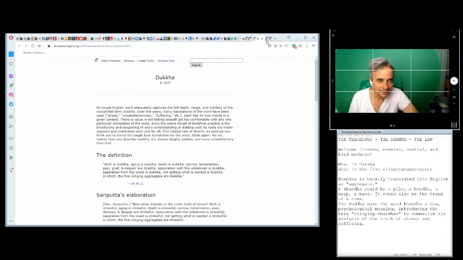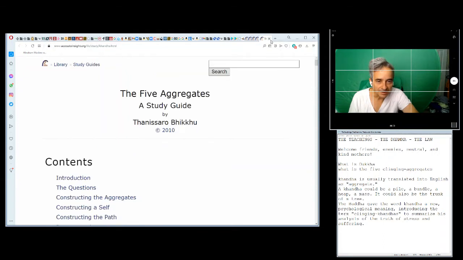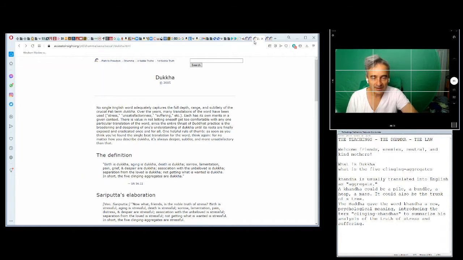Okay, all right. So dukkha, with 2 K's and an H. We learned that it's kind of hard to translate. It's got many meanings and it depends on the context.